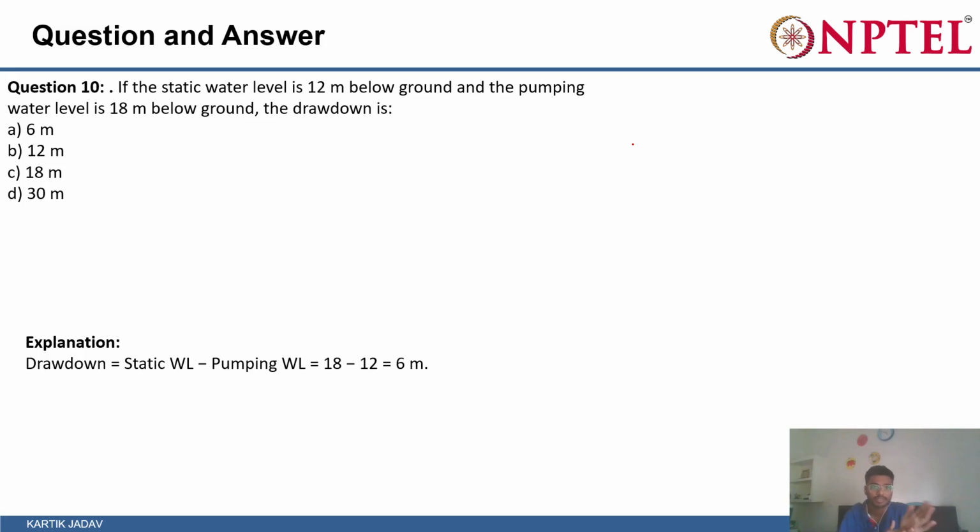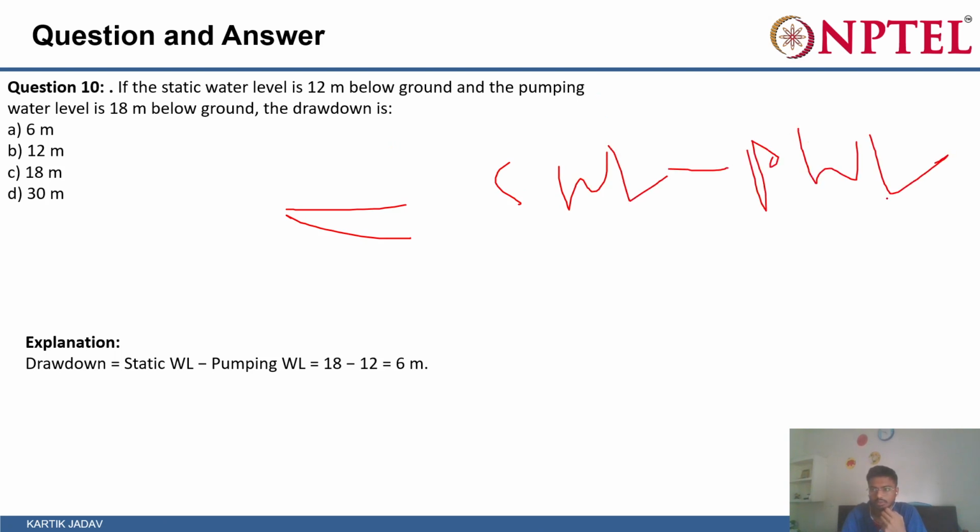Question number 10. If static water level is 12 meters below ground, pumping water level is 18 meters. We know that drawdown is equal to static water level minus pumping water level.